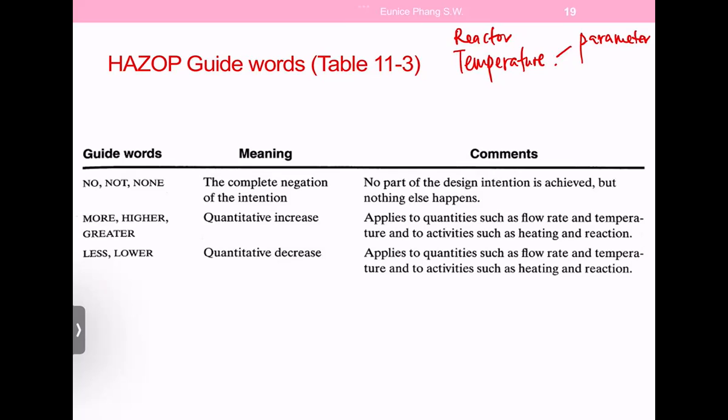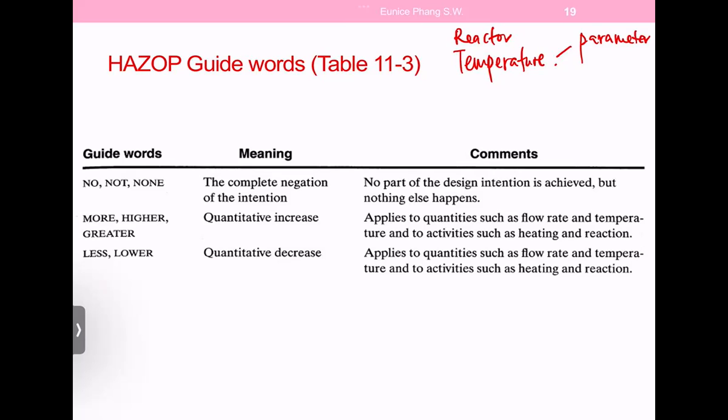So then you just change that. You don't need a HAZOP to address when there is no temperature. So "no" doesn't apply here, because no temperature just means you change whatever is faulty there.